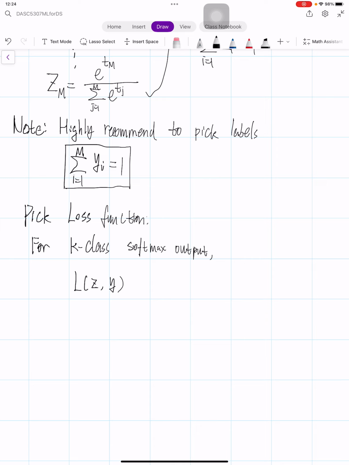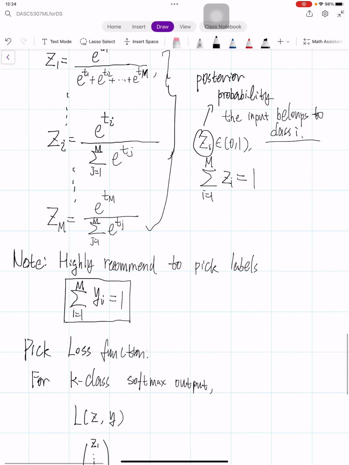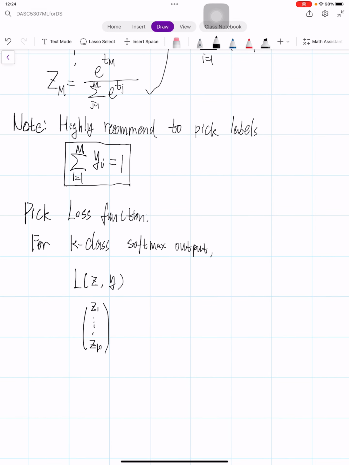In our example, we have z1 up to z10, right? For each input value, after transformation from our training model, we get 10 numbers, and the summation should be equal to 1. We also have the label y, normalized from y1 to y10. Each is a vector, and then we calculate the entropy loss, called cross entropy.